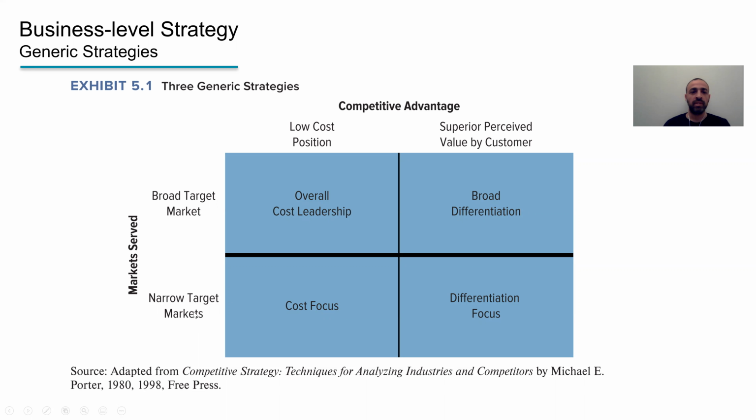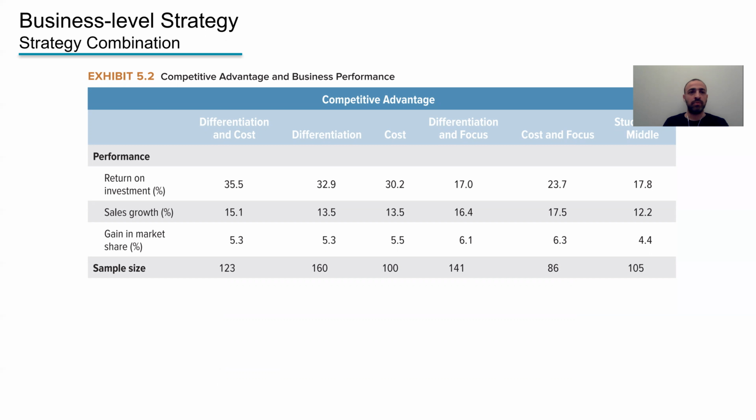For the narrower market, it's more about niche segments. So it could focus on cost or focus on differentiation, but the difference is it focuses on a smaller market. What matters in a study is that it has been shown that choosing a combination of strategies outperforms the single strategies.